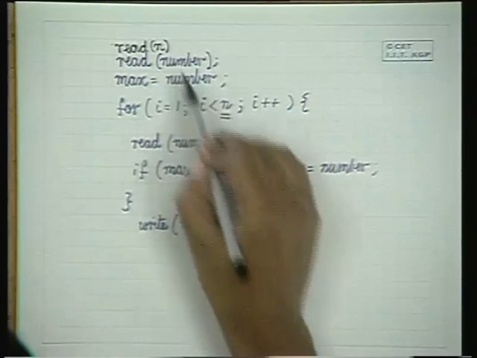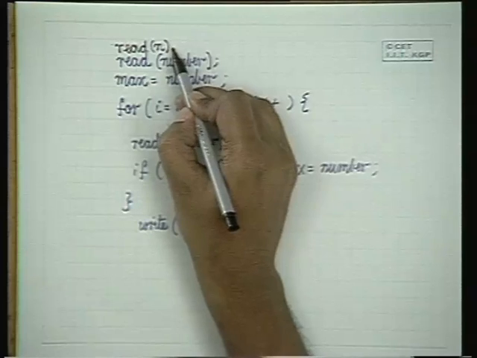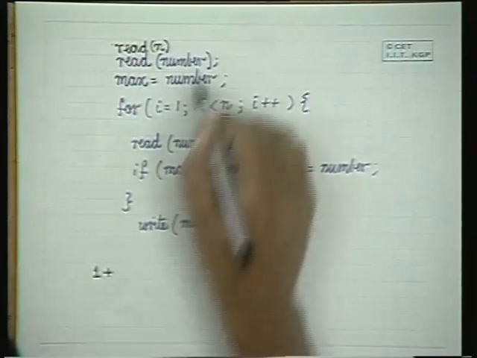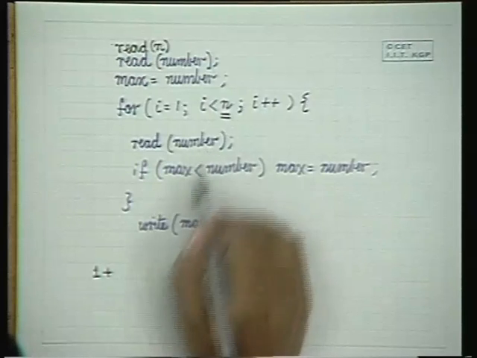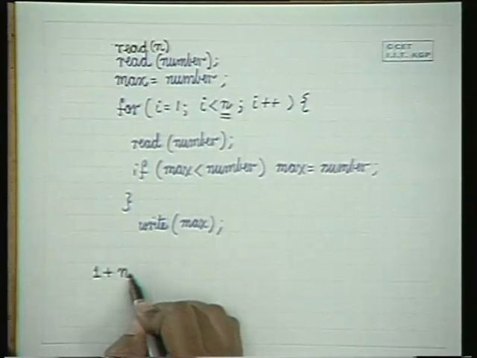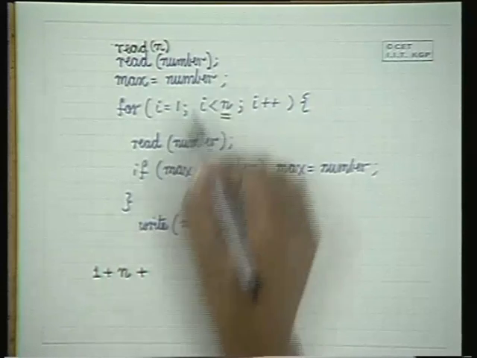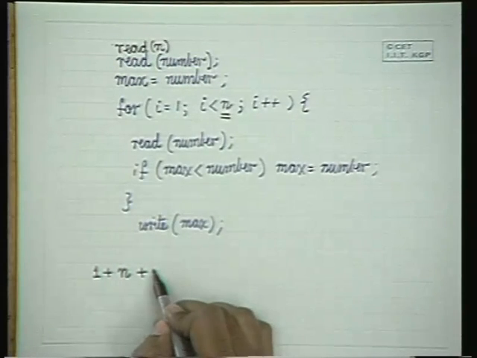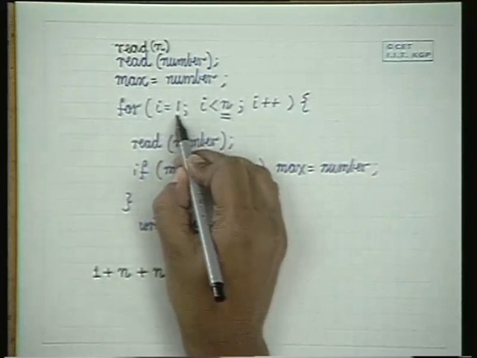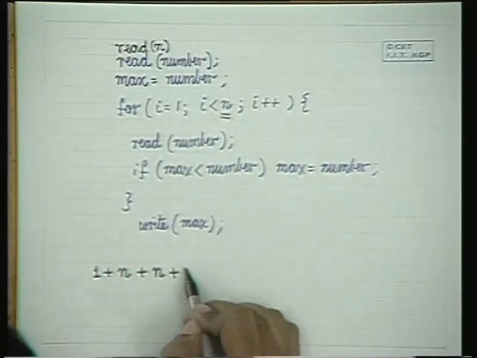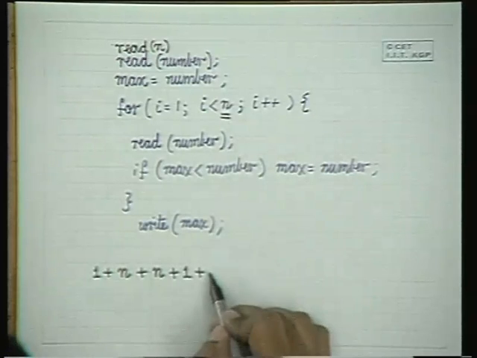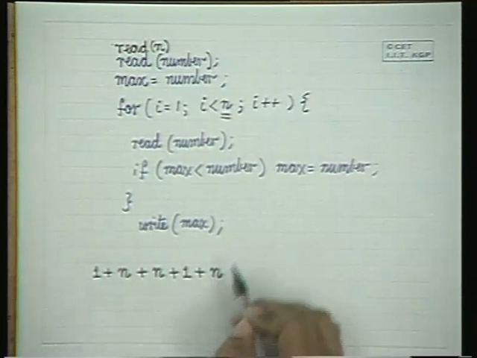Then what would be the comparison? Read n would be executed once, this read number would be executed how many times? N. Max equal to number would be executed n times. I equal to 1 would be executed once. This comparison would be executed n times.